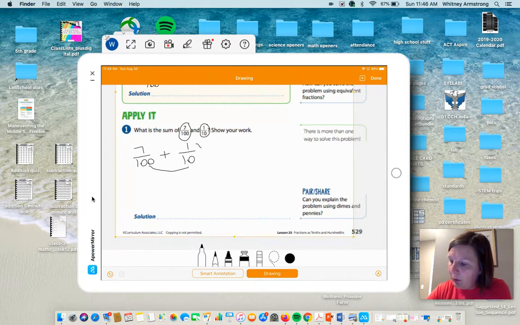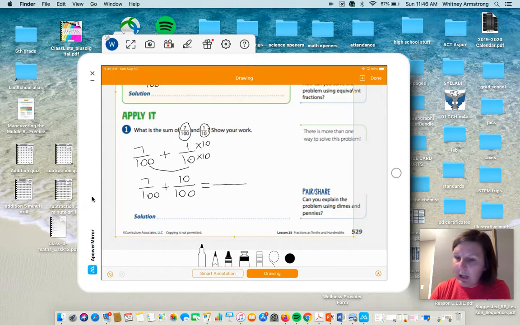So I need to multiply both the top and the bottom, the numerator and the denominator, by 10. So now I'll have 7 over 100. 10 times 1 is 10. 10 times 10 is 100. So now I have 7 hundredths plus 10 hundredths.